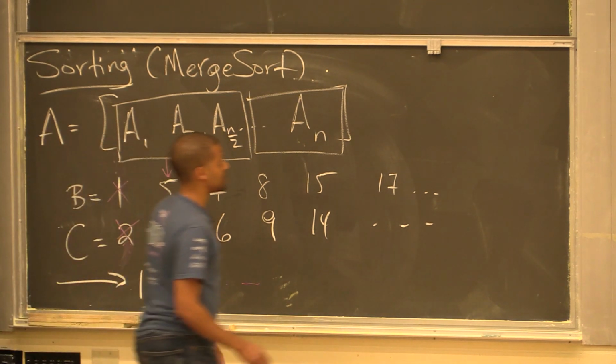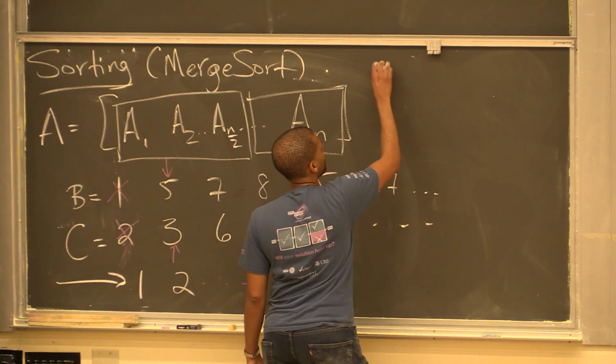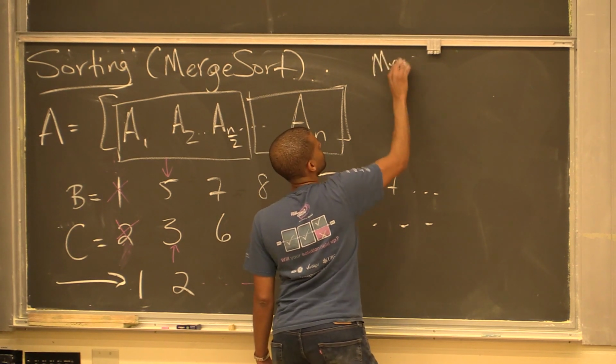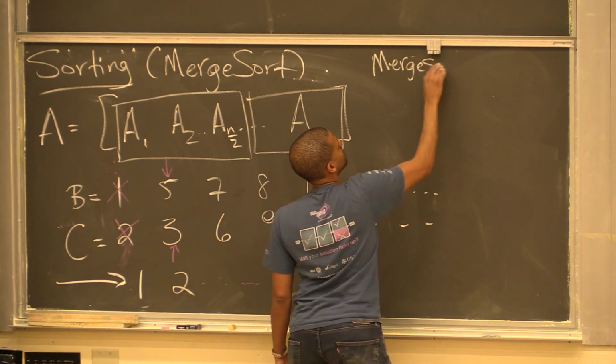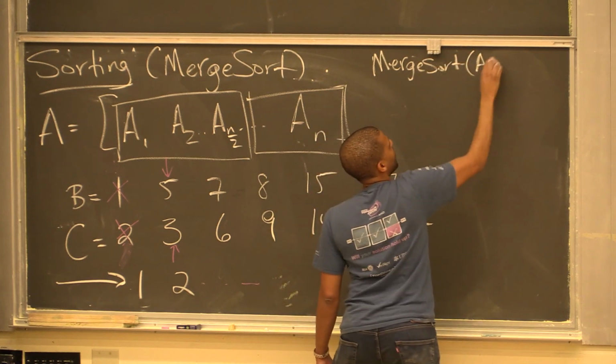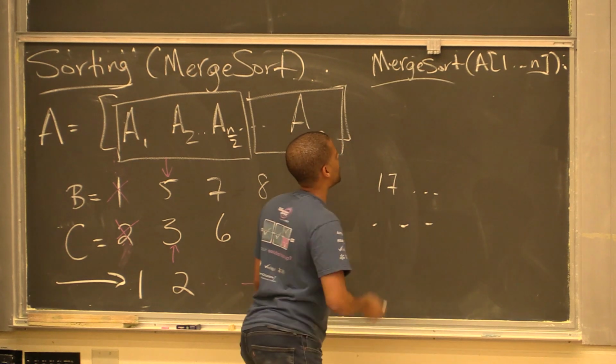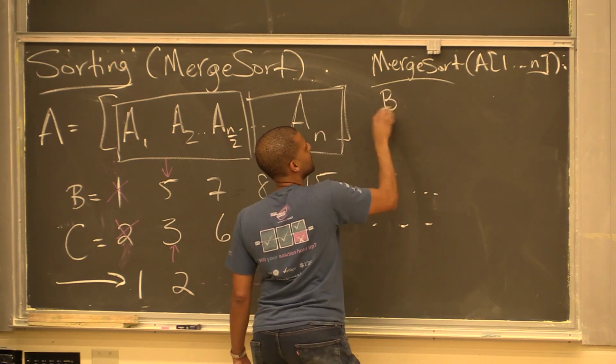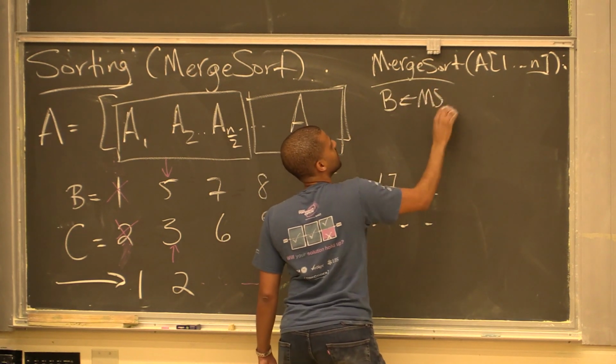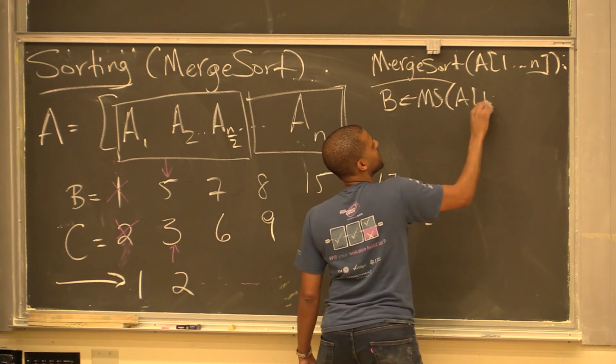So just so that we're all again on the same page, you have merge sort, which takes as input an array A. What does that do? I say B is merge sort on the first n over 2 elements.